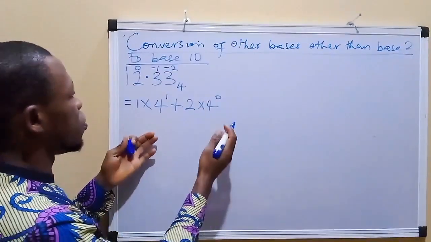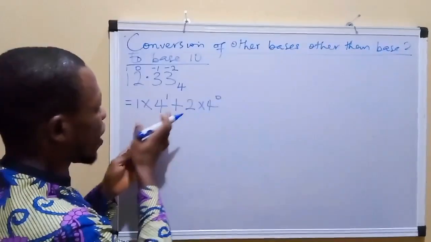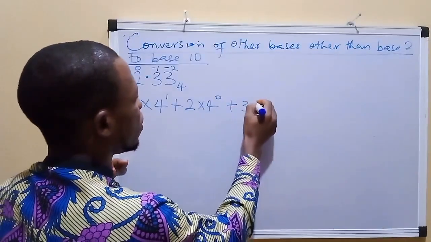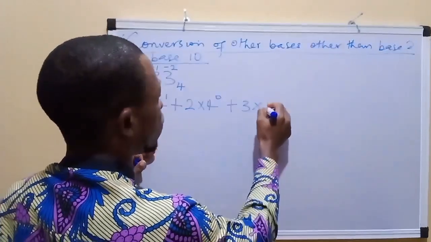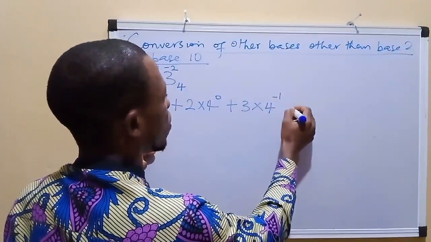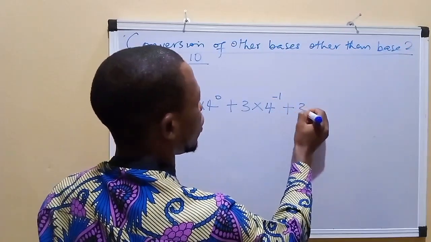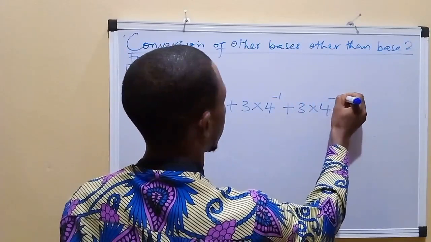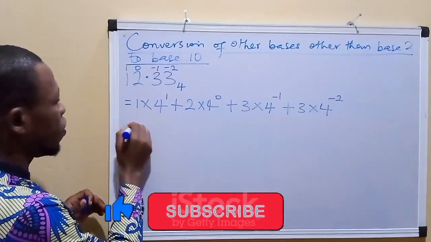Now the number is not too long in terms of digits, so we can proceed with the decimal part. Plus 3 times 4 raised to power minus 1 plus 3 times 4 raised to power minus 2.